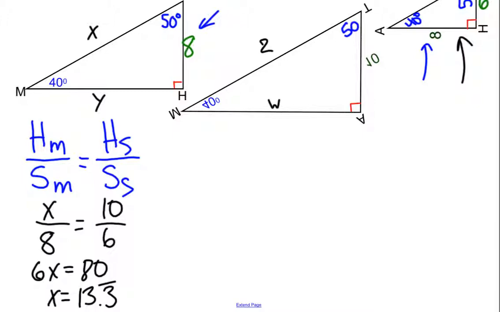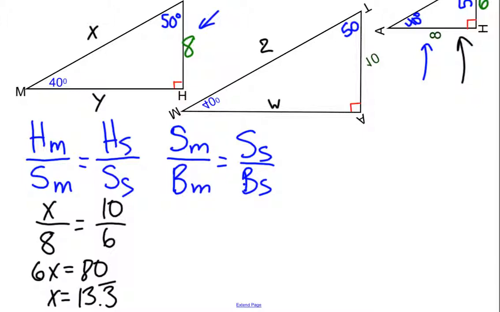We knocked out x, so let's knock out y. We do the same thing: side of the medium over bottom of the medium equals side of the small over bottom of the small. Medium on left, small on right, side over bottom. So 8 over y is equal to 6 over 8.